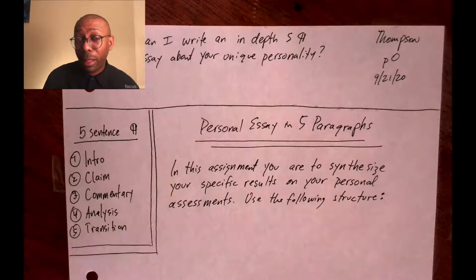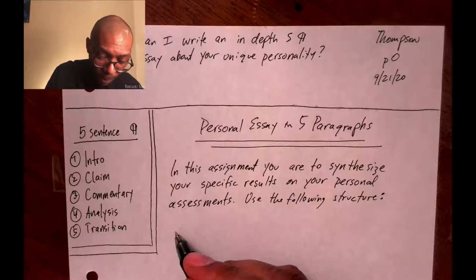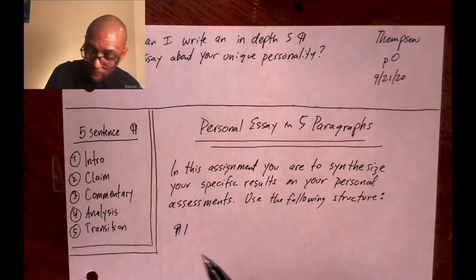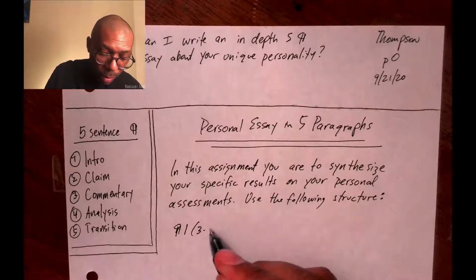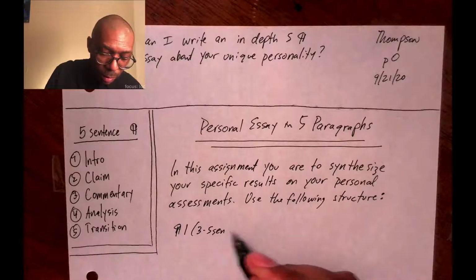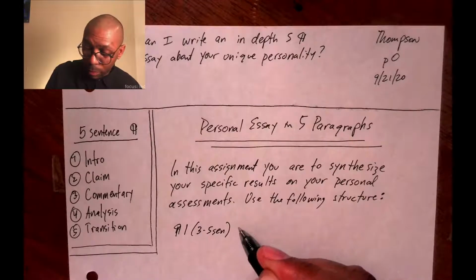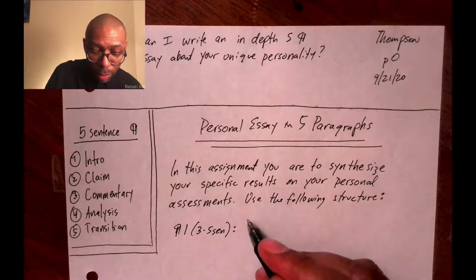I'm going to tell you how many sentences approximately should be in that paragraph, and then some of the features or aspects of that paragraph that I expect you to cover. Okay, so for paragraph 1, which should be, let's say, 3 to 5 sentences, is what I call the introduction.